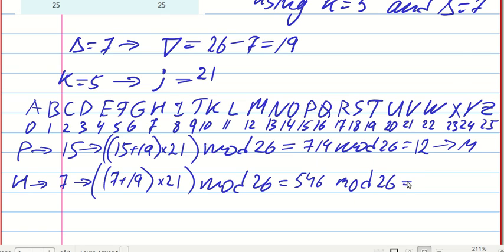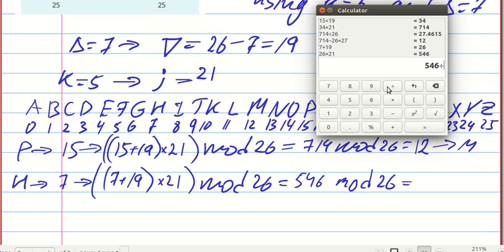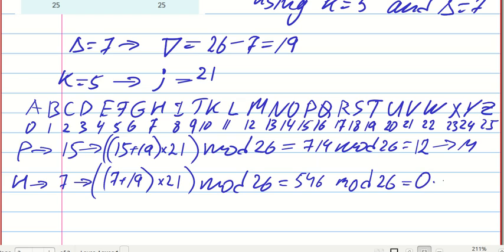We take 546, we divide by 26, so it's 21. So it's 546 minus 21 times 26. So we get 0, and so 0 is 8.